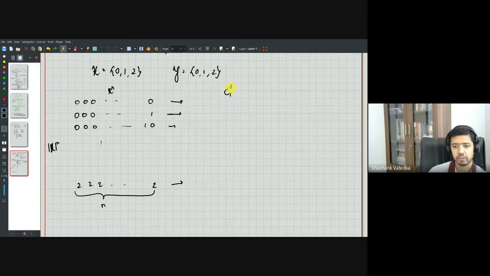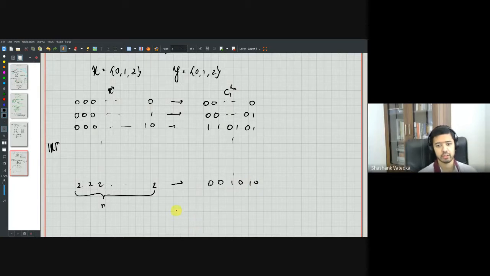So C1 of kn. So maybe this is mapped to the all 0 sequence. This is mapped to 0, 1, whatever. So we have to basically identify the right mapping from this sequence to this sequence. So maybe this is 1, 1, 0, 1, 0, 1, and 0, 0, 1, 0, 1, 0, something like this, right? So we need to find out what is the code word or the compressed file corresponding to each of these sequences.